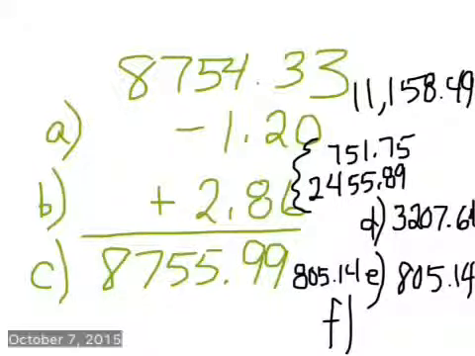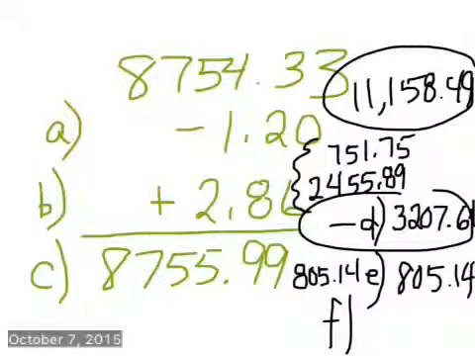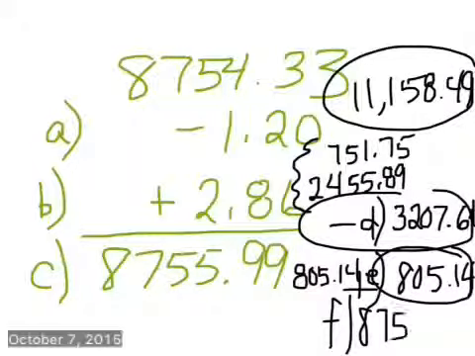So I take this number minus this number plus the last number, and what do I get in the end? So you got 87, 55, and 99 cents. Is that what you're trying to tell me?